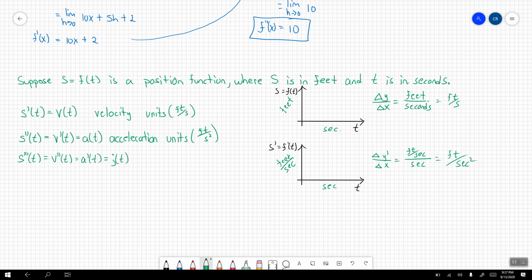And a lot of people don't like to talk about it because this is the jerk. I know. It's so weird. It is an actual unit that we look at, and this is feet per second cubed.